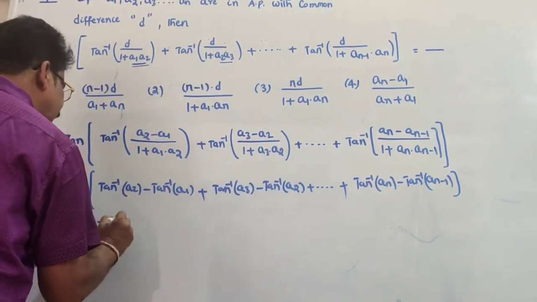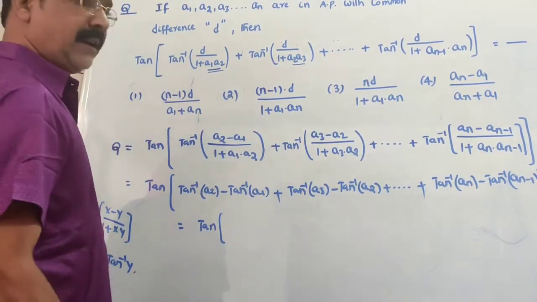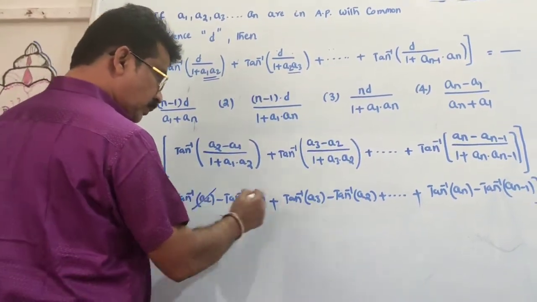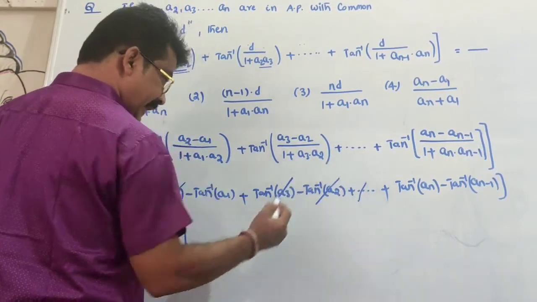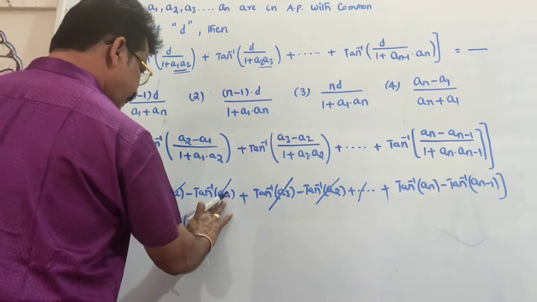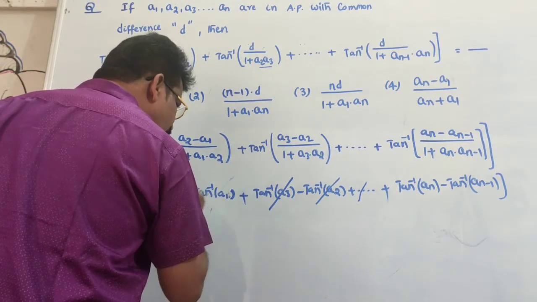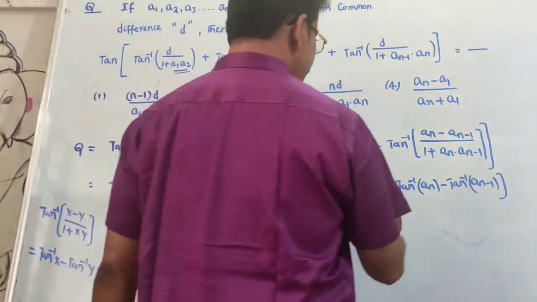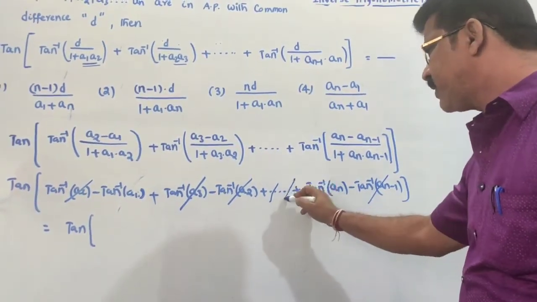So that is equal to, here 2 cancels, 3 will be cancelled, A1, is it cancelled? No, it should not be cancelled. Later you come here. It's a preceding term. A(n minus 1) will be cancelled here.